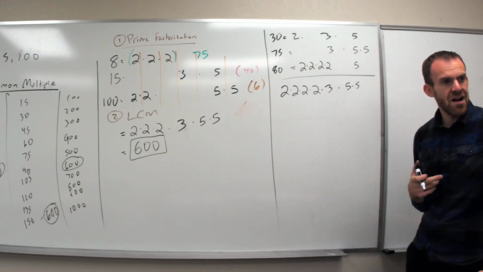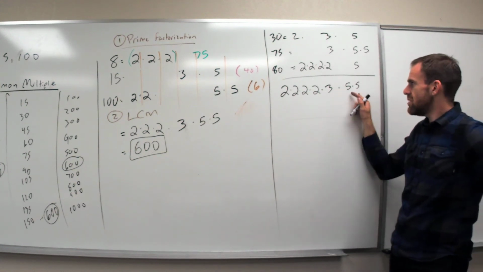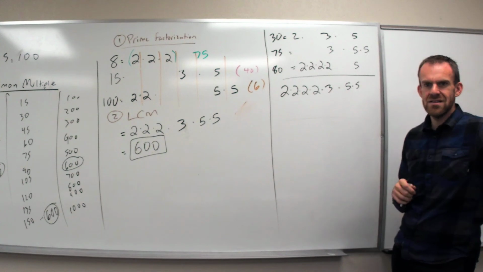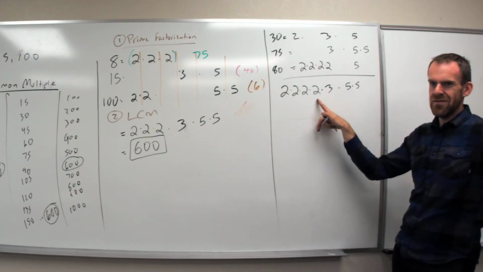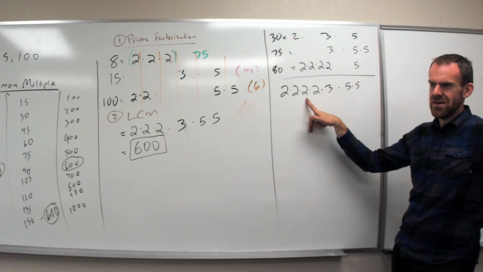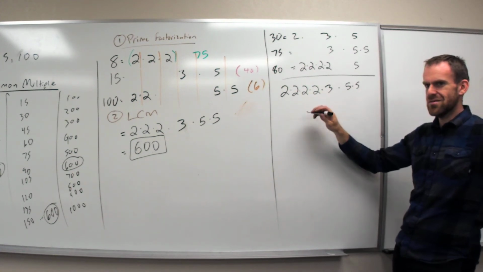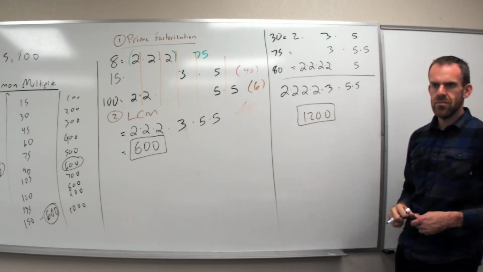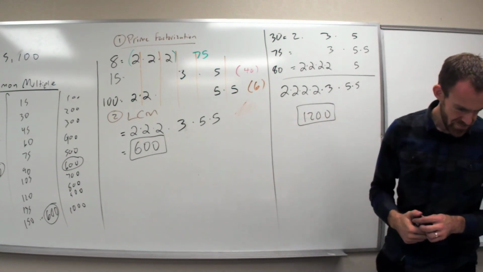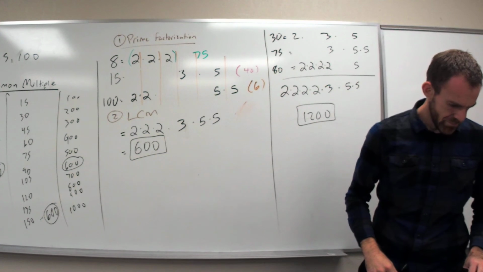Now, I multiply these out, and that gets me the least common multiple. 25 times 3 is 75, times 2 is 150, times 2 is 300, times 4 is 1200. That's it.